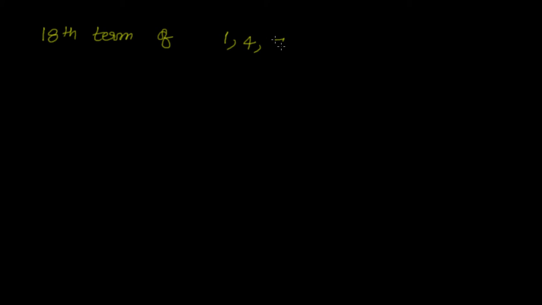Now to apply this simple concept, let's do some very simple examples. Let us say: find the 18th term of an arithmetic series 1, 4, 7, 10. Given that it's an arithmetic series, the difference should be constant.